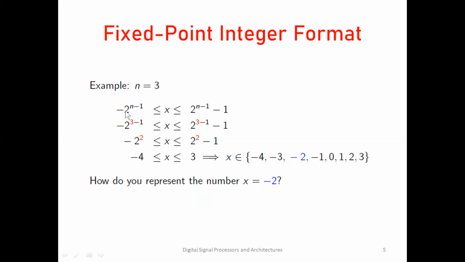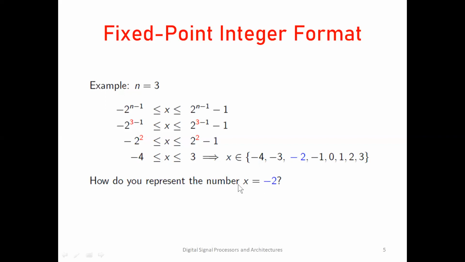We have just seen the range as minus 2 power n minus 1 to 2 power n minus 1 minus 1. As n is 3, once we substitute it, we get the range from minus 4 to 3. So x belongs to the set from minus 4 till 3. This is the range of a 3-bit fixed point integer number.